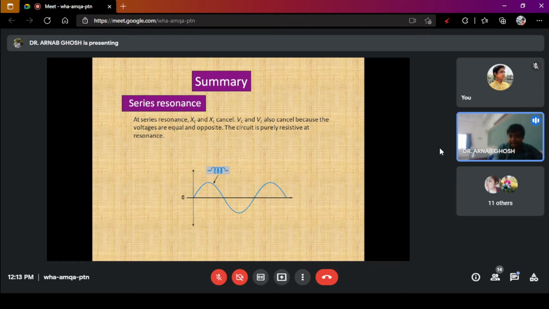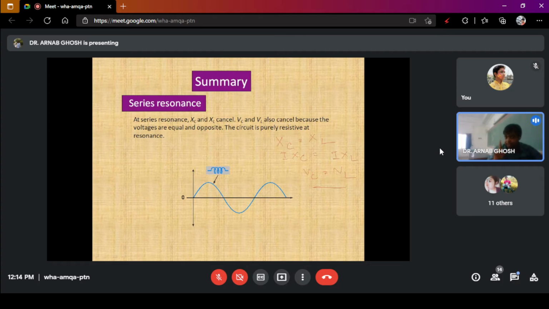So this is the concept. XC is equal to XL at resonance. I times XC is equal to I times XL, therefore the VC and VL will be equal.